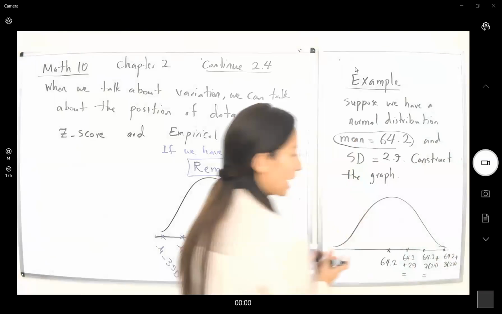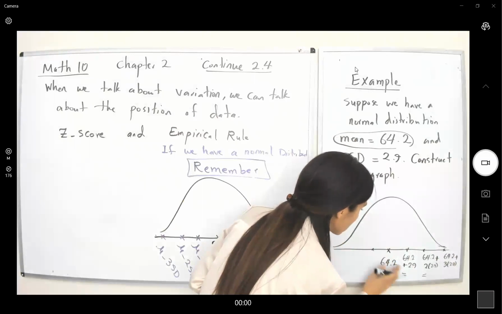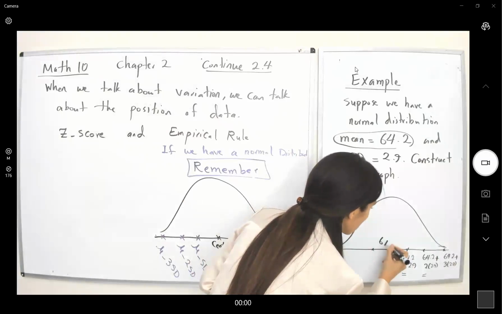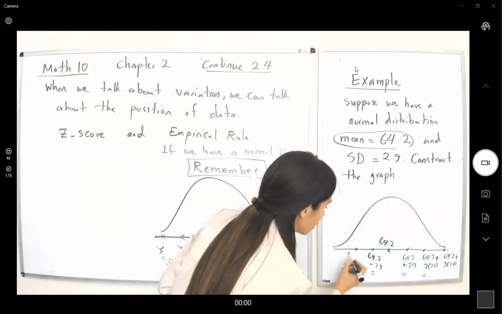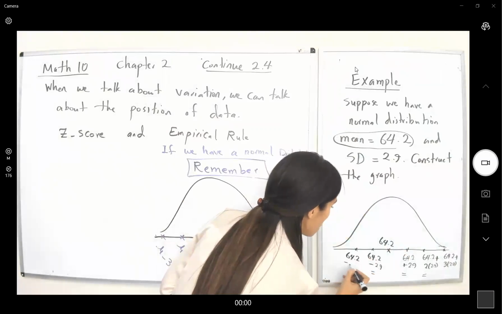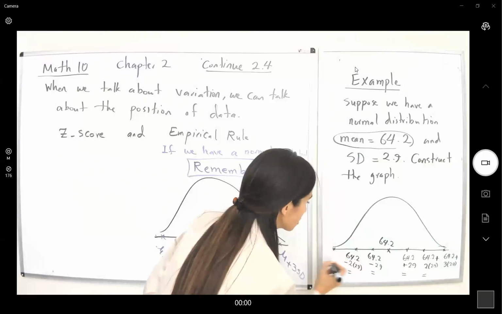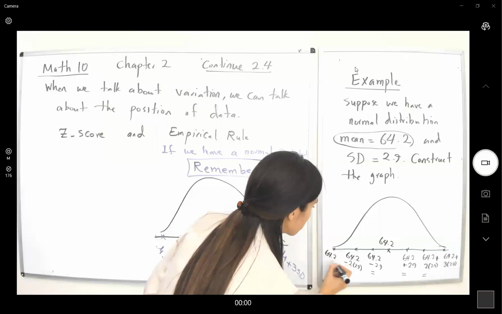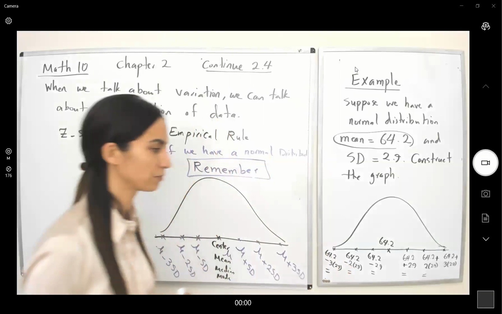On the left-hand side, however, I have to do the subtraction. So I get 64.2 minus 1 standard deviation, then 64.2 minus 2 standard deviations, and the last number is mean minus 3 standard deviations.